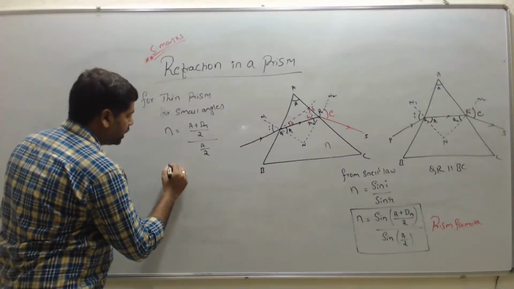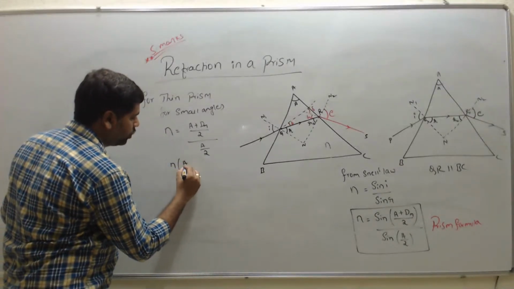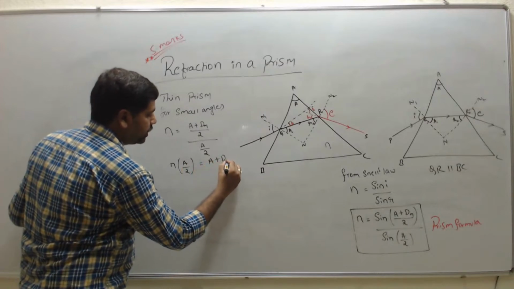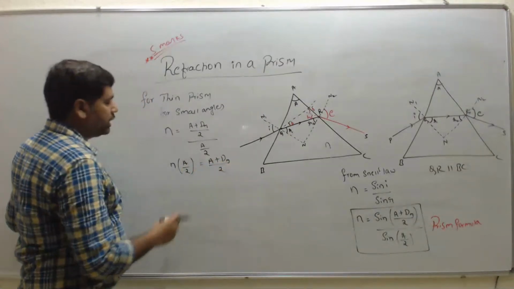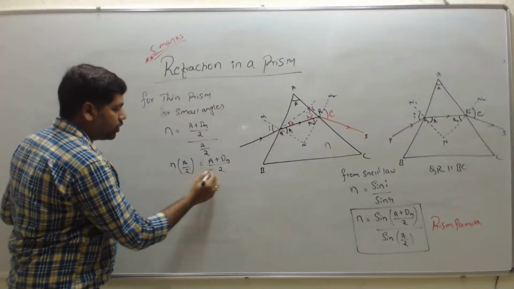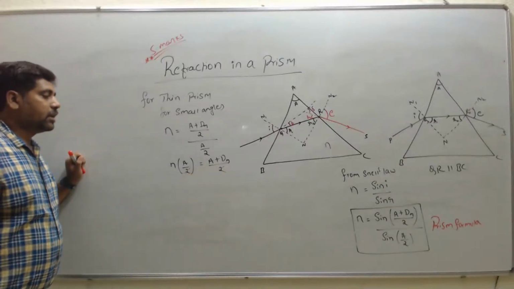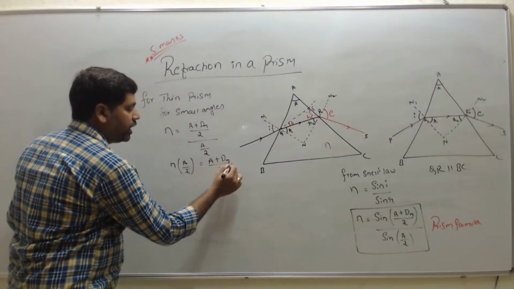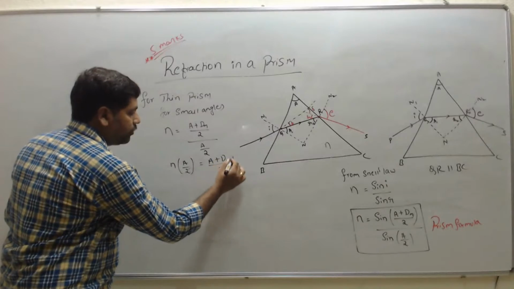So if we cross multiply here, n into A divided by 2 is equal to A plus dm by 2. In LHS and RHS we have the common term 2, so we can cancel. We need the minimum deviation angle dm.